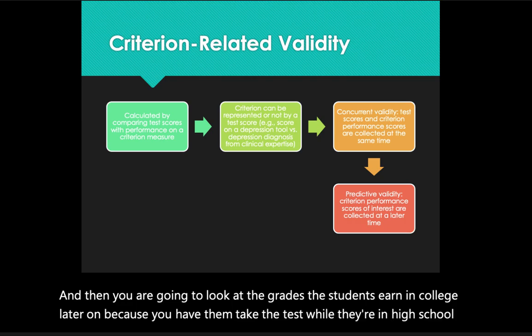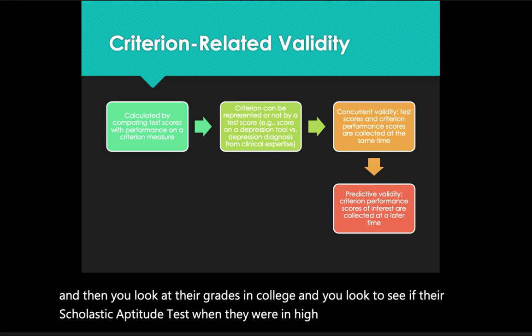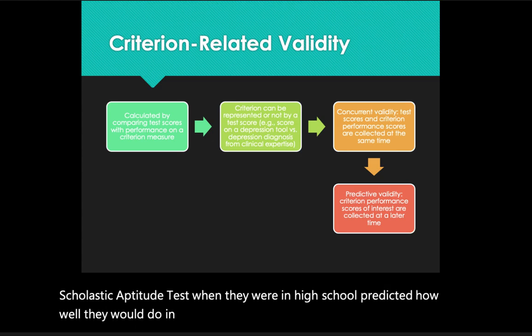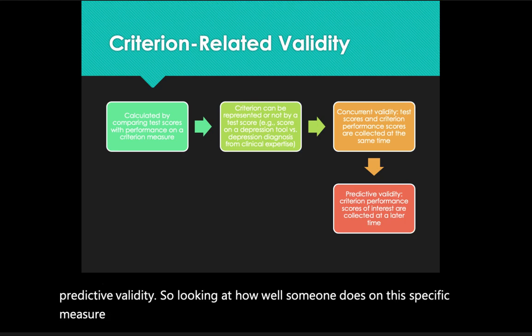And you look to see if their scholastic aptitude tests when they were in high school predicted how well they would do in school when they graduated from college. This is predictive validity. So looking at how well someone does on this specific measure and how well it predicts some outcome that we're looking at.